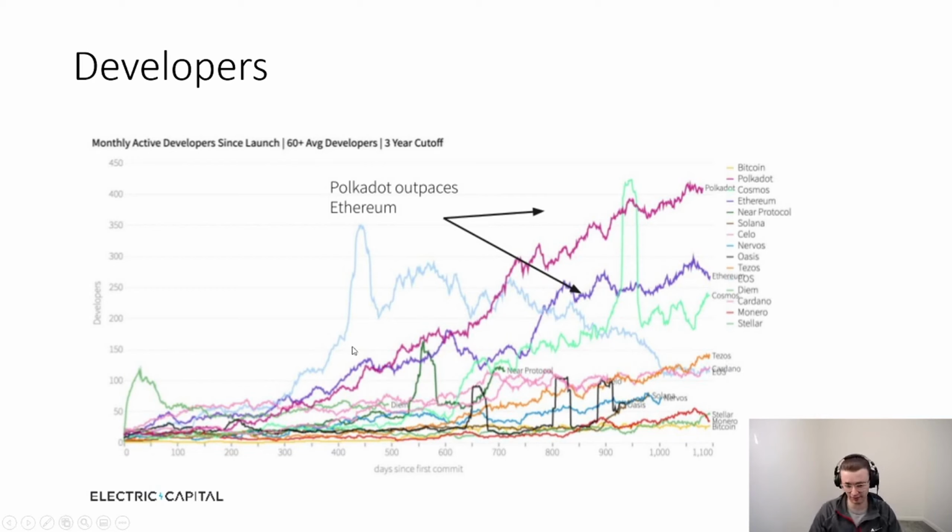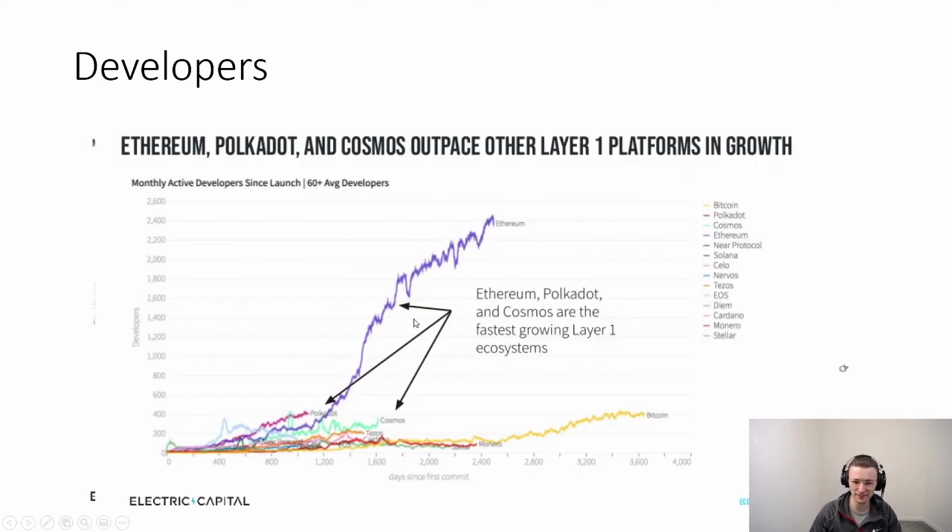Since first commit, in terms of monthly active developers, Cardano's pretty average. It's interesting to see that Polkadot is right at the top there and Ethereum is here, but maybe it's a sign of the times, Cardano again lagging a fair bit. In terms of how that actually looks in reality, Cardano is down here, this tiny pink line you can barely see. Yeah, it's making progress.